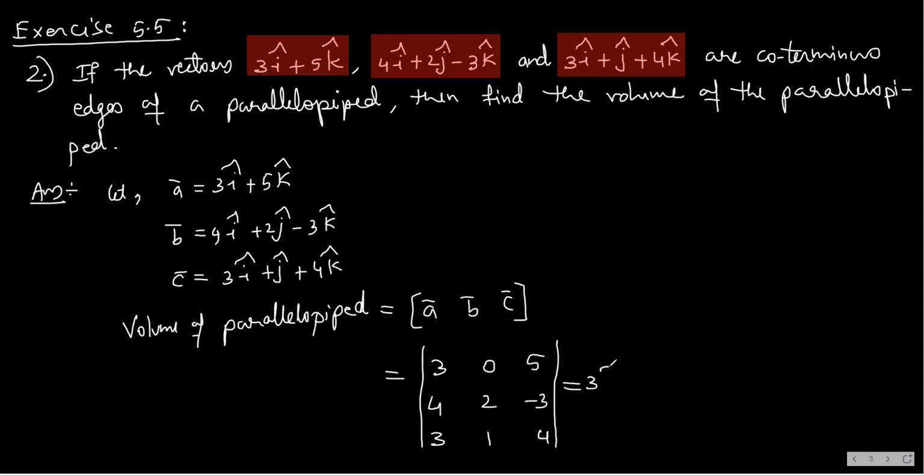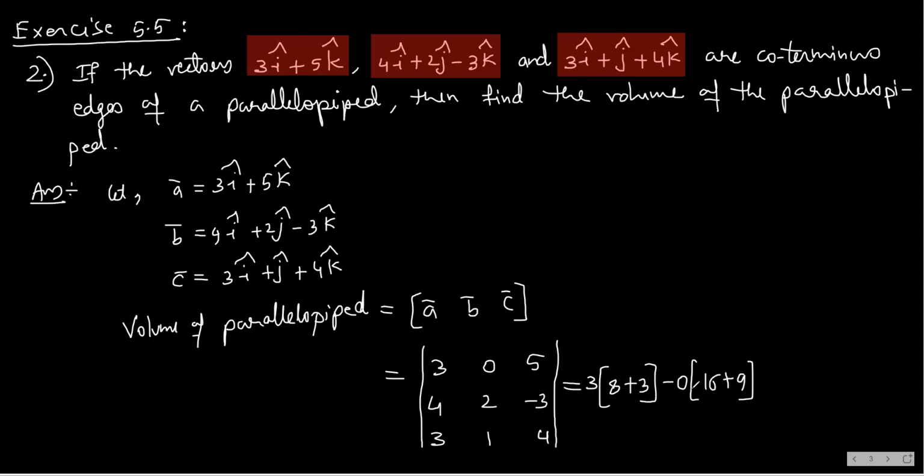So you have 3 into, now you evaluate the determinant, 3 into 8 minus of minus 3, that is 8 plus 3. Then you have minus 0 into whatever number you get, it is going to be 0, so 0 into 16 plus 9.